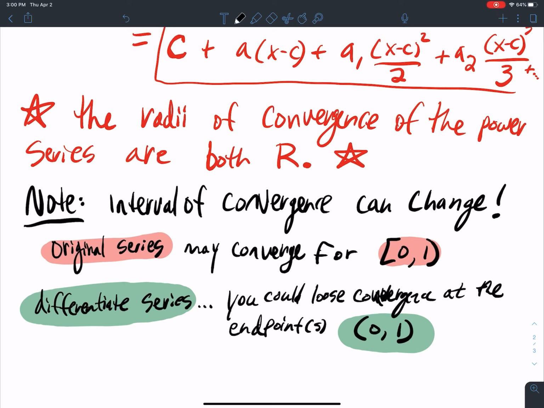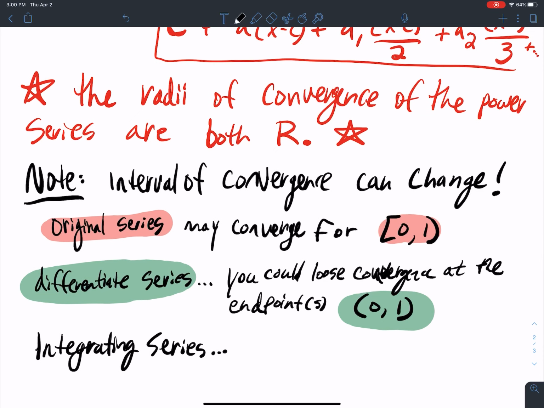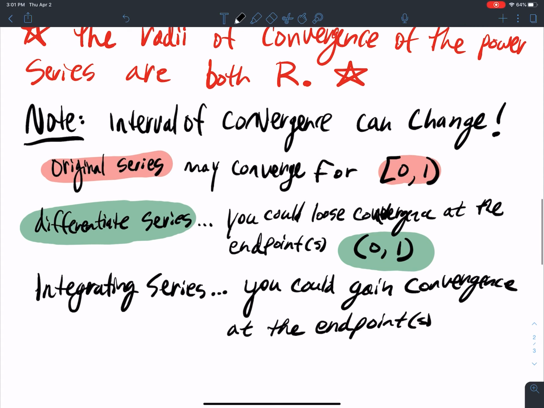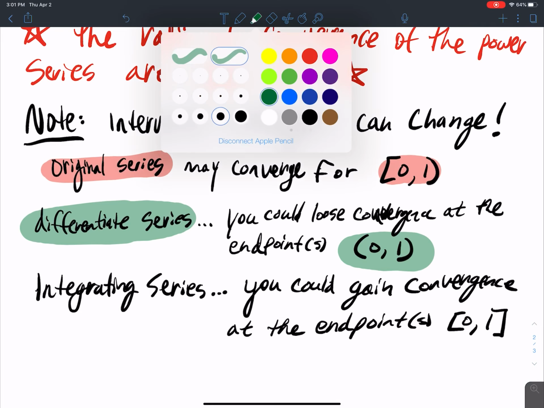On the flip side, if you integrate the series, you could gain convergence at the endpoint. So instead of losing it, maybe all of a sudden you might have interval of convergence here at this endpoint.